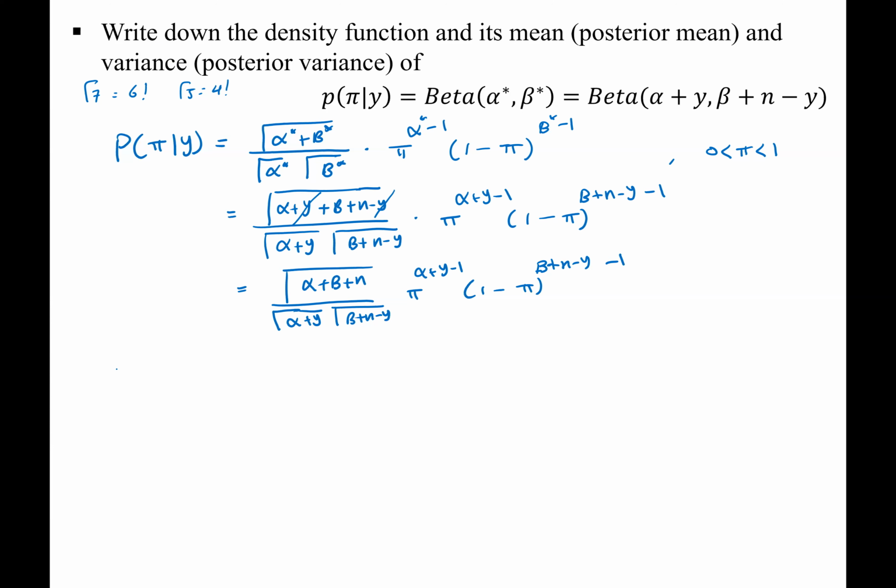So for example, if I need to estimate pi, you get the pi hat using the mean, like the posterior mean. It is known the mean of the beta distribution is alpha divided by alpha plus beta. So alpha star over alpha star plus beta star. So this one is alpha plus y divided by alpha plus beta plus n.